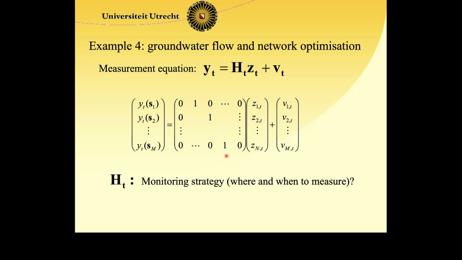I told you, for instance, suppose that we remove one of the piezometers, then this one loses a row, or at a certain time step an observation is not being taken, a 1 can be turned into a 0. So this is our monitoring strategy. It determines where and when we observe.